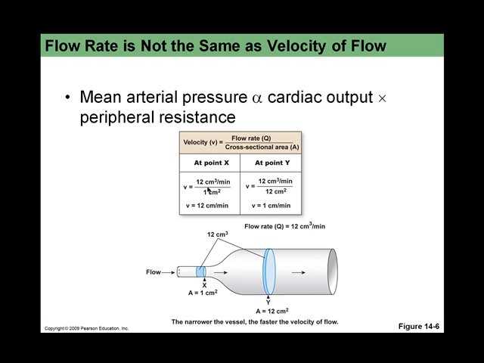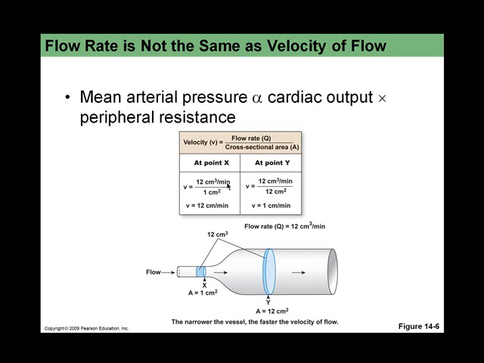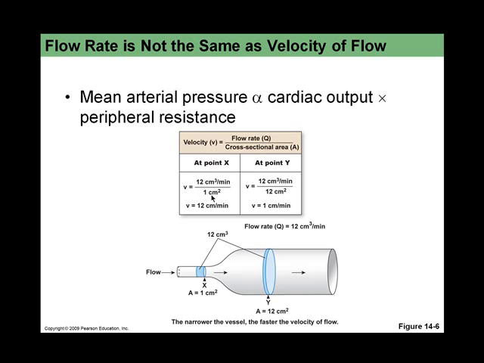So let's look at the formula here above. At point X, you have the velocity equals 12 cubic centimeters per minute over the cross-sectional area, the 1 centimeter squared.